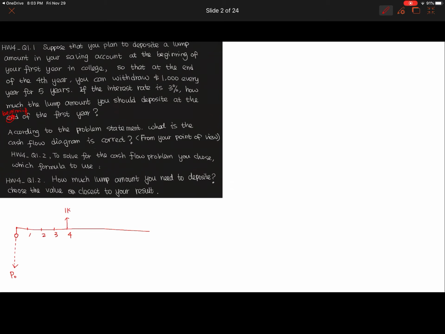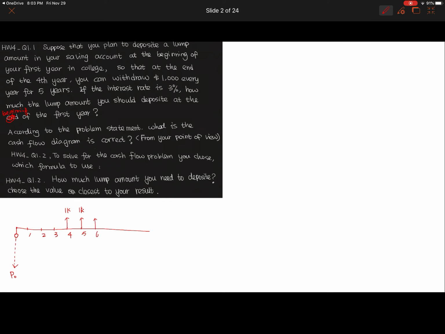To save some space, we just use K for 1,000. It said continue to withdraw 1,000 every year for 5 years, so you're going to withdraw 1K at the end of the 5th year.